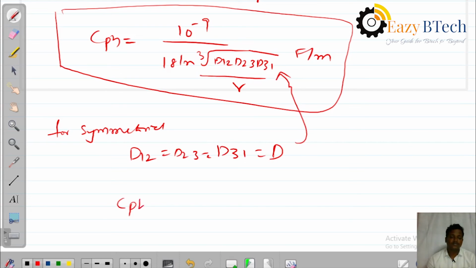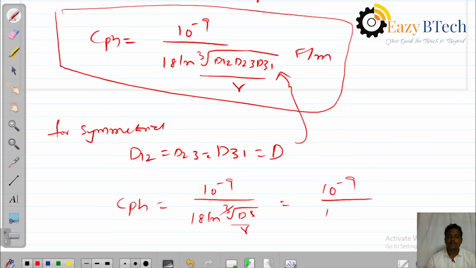See, for C phase for symmetrical, it is 10 power minus 9 divided by 18 ln third root of d cube, and this one gets cancelled. Finally, what you get? 10 power minus 9 divided by 18 ln d by r farad per meter. Okay, this is the way we will get the capacitance per phase for symmetrical and unsymmetrical.